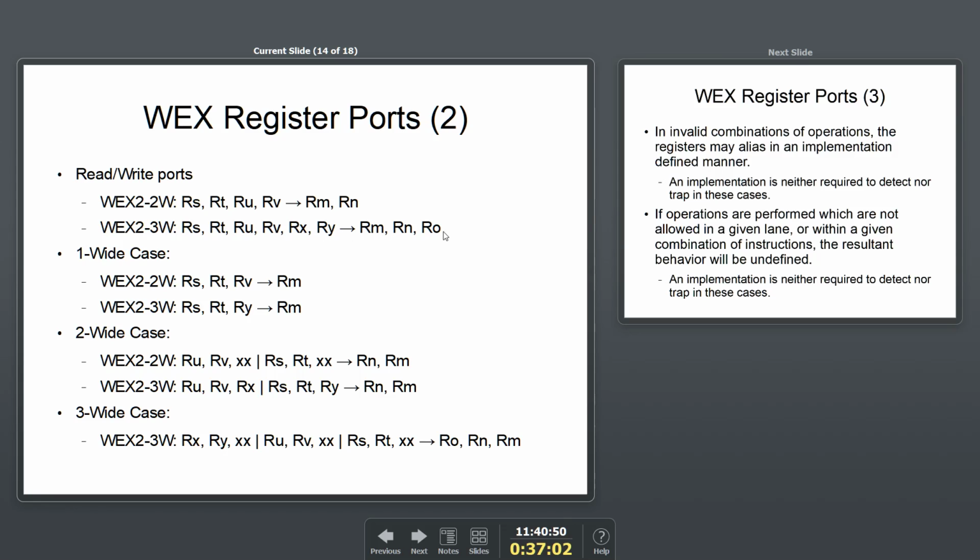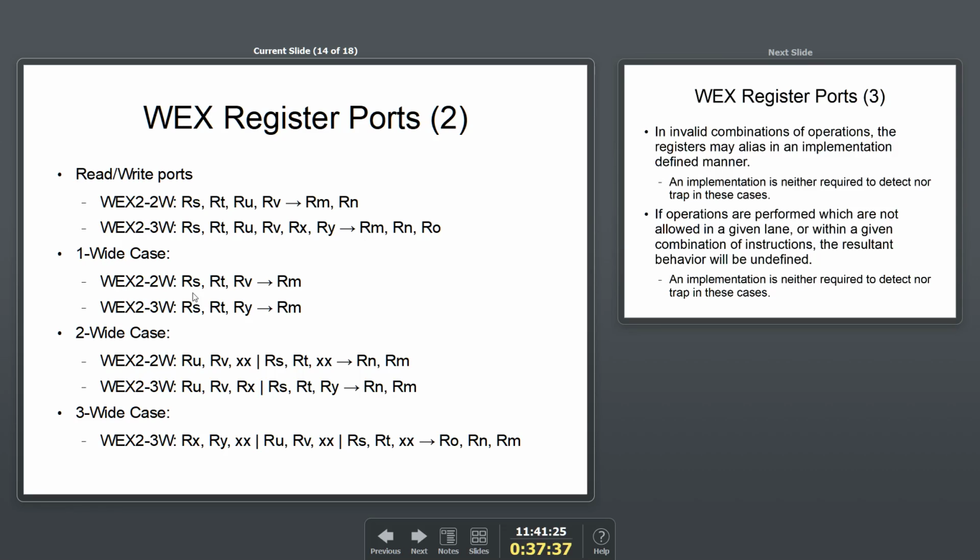And an additional RO port is added as a 3rd write port. These are not quite the same as for the instruction labeling, but they sort of map straightforwardly enough. So lane 1 would map to S and T, lane 2 would map to U and V, and lane 3 would map to X and Y with the restrictions.